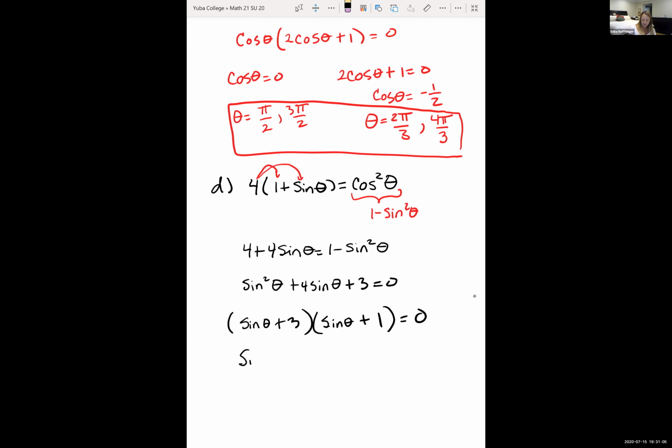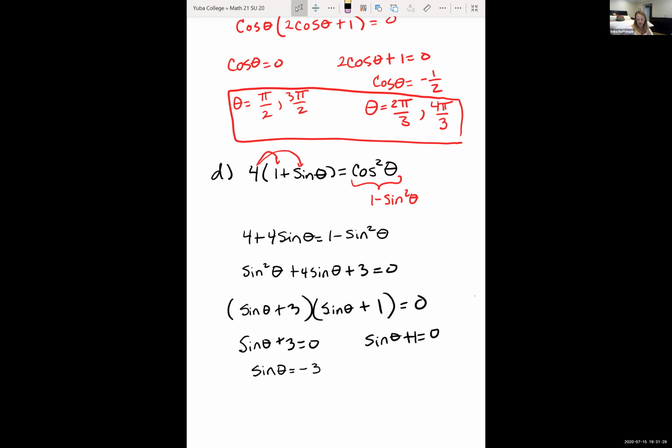So we're looking at when sine theta plus 3 equals 0, and when sine theta plus 1 equals 0. So we're looking at when is sine theta equal to negative 3? Well, there's no value of theta that gives you a number smaller than negative 1 or bigger than 1. And so this is not in the domain.